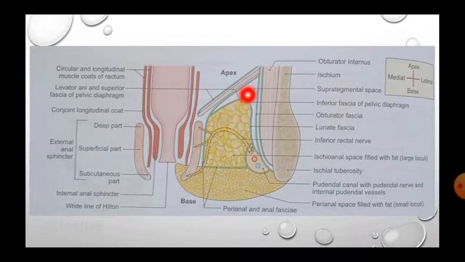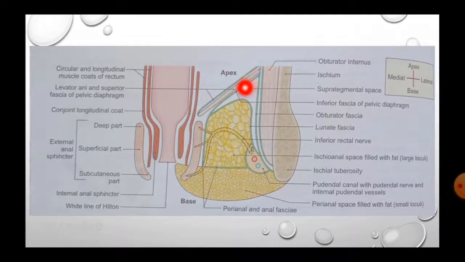So here you can imagine a cone like this. The base is formed by the skin of the perineum. The apex is formed by the line of fusion, or the line where the obturator fascia meets the inferior fascia of the pelvic diaphragm. So here we have the obturator internus, and the fascia covering it is the obturator fascia. Then the levator ani is this, which forms the pelvic diaphragm.